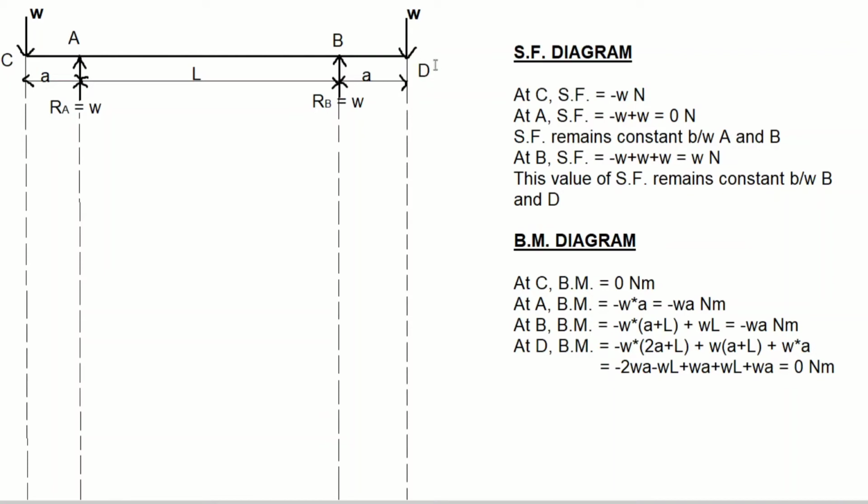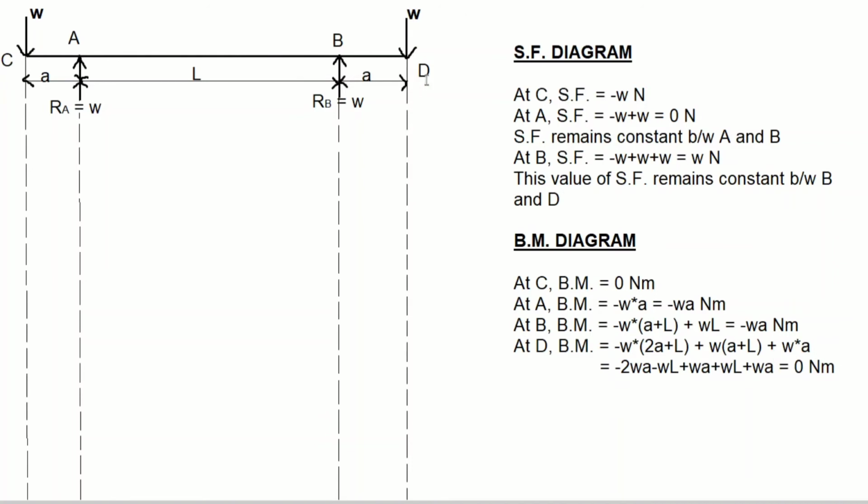Bending moment at this end D due to the reaction force RA and the reaction force RB will be positive since both the reaction forces RA and RB will create positive moments with respect to D. Now, we have minus 2WA minus WL plus WA plus WL plus WA, which is equal to 0 Newton meter.